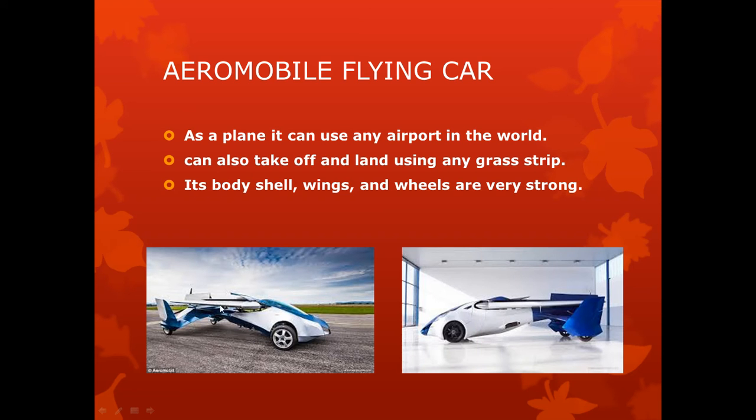Actually, this wing will only open during flying mode, the aeroplane mode, because as I said in the previous slide, inside this Aeromobile Flying Car there is aeroplane mode and car mode, or mobile mode. Mobile is a key term used for car.